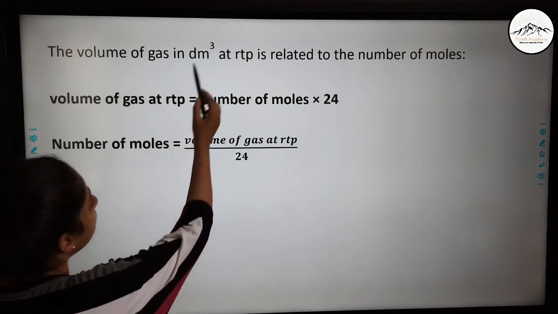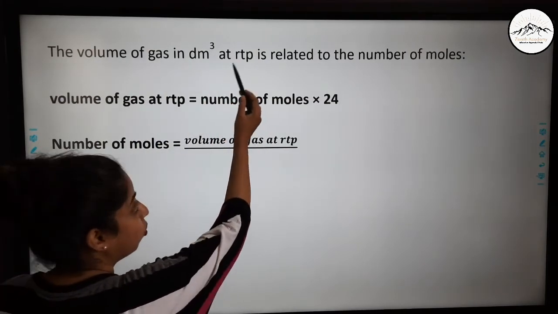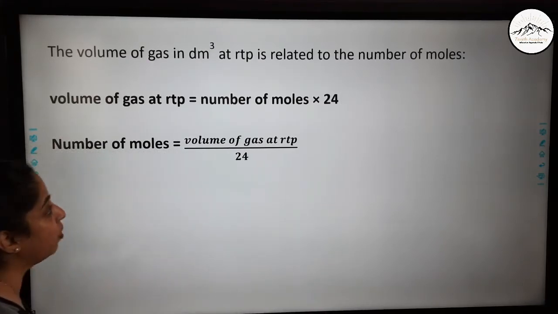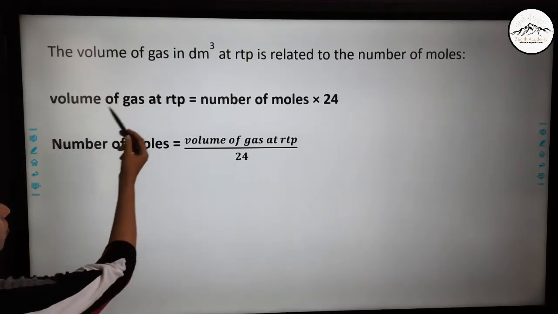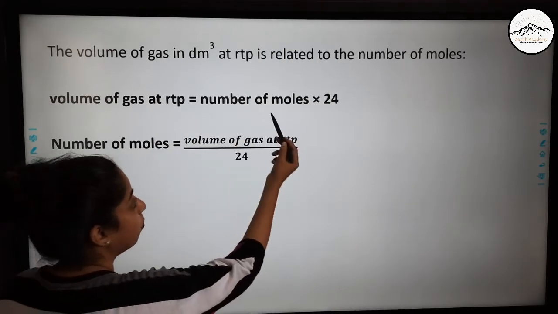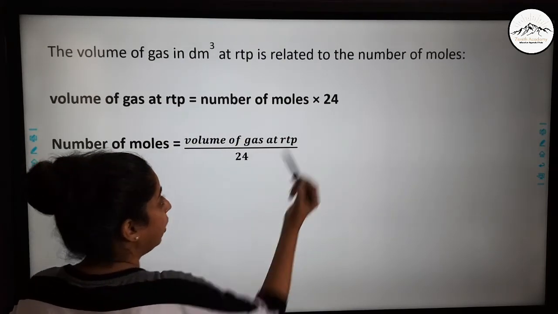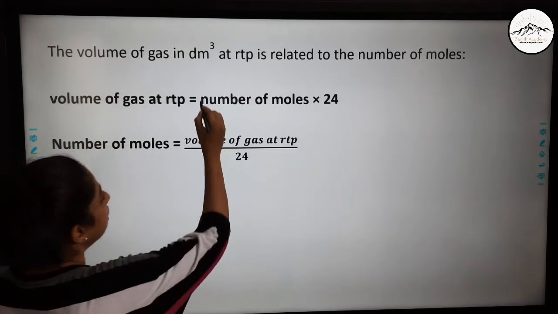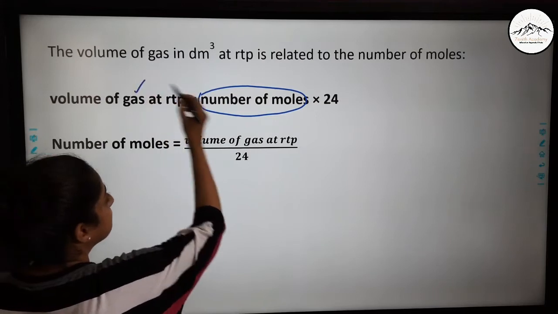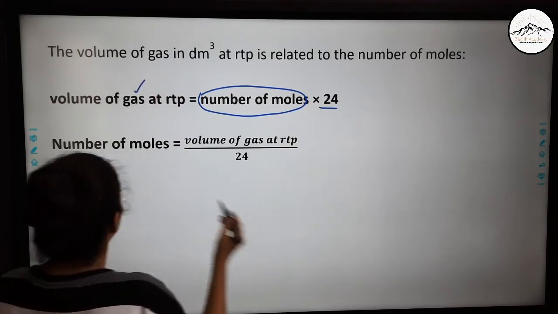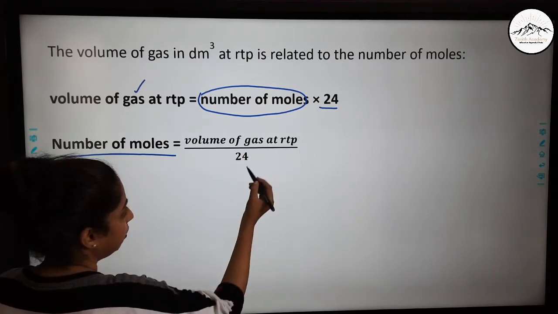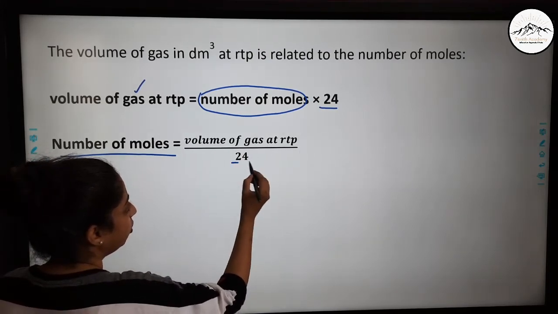So the volume of gas in decimeter cube at room temperature and pressure is related to the number of moles. Now let's see how it is related. Volume of gas at RTP, that is room temperature and pressure, is equal to number of moles into 24. So from here, if we want to find the number of moles, we'll divide by 24. So number of moles is volume of gas at room temperature and pressure upon 24.